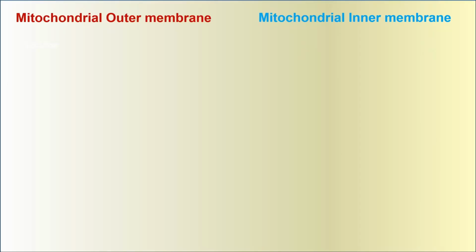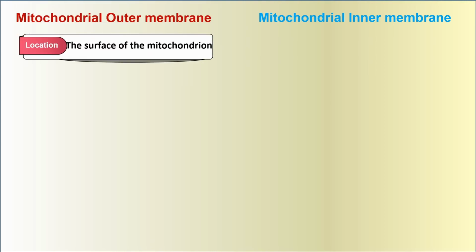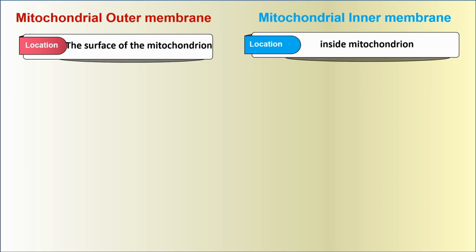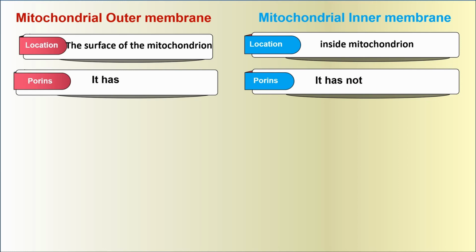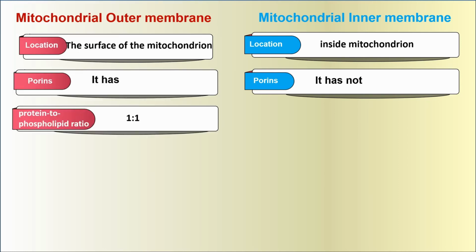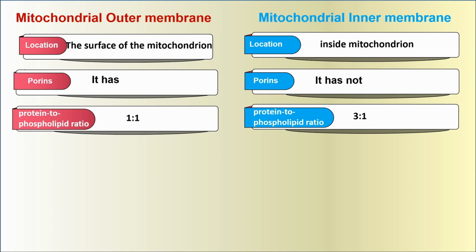Now I want to compare mitochondrial outer membrane with mitochondrial inner membrane. Outer membrane is located at the surface of the mitochondrion, but inner membrane is located inside mitochondrion. Outer membrane has porins, but inner membrane has no porins. Protein to phospholipid ratio of outer membrane is 1:1, but protein to phospholipid ratio of inner membrane is 3:1.